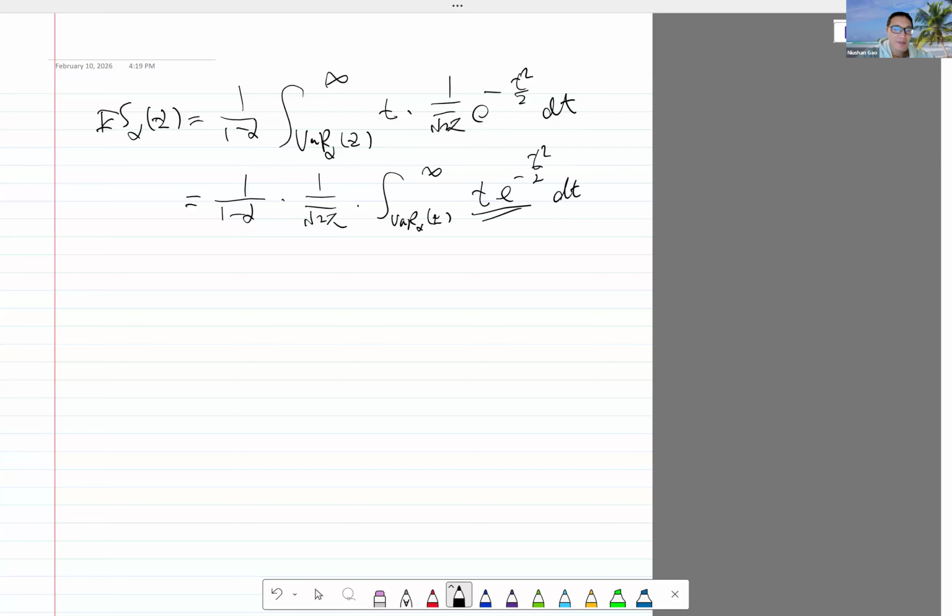This one has an antiderivative. If you don't know the antiderivative, you can do the change of variable using half t squared equals s. This would be, and this would be this. You can either directly find the antiderivative, or you can do the change of variable. It is actually equal to minus of this.